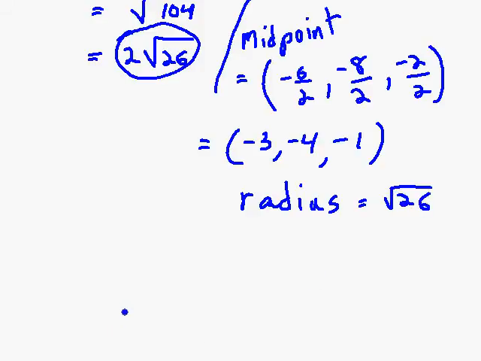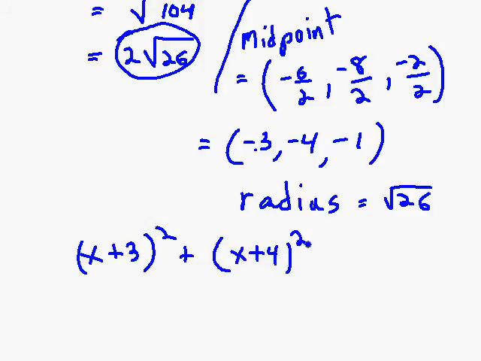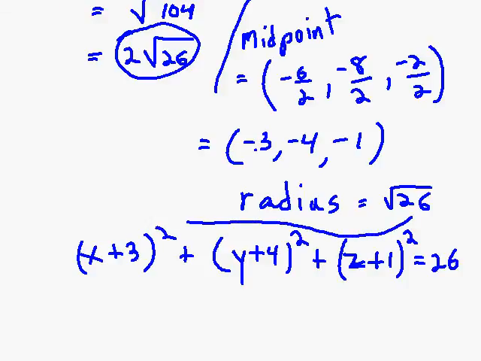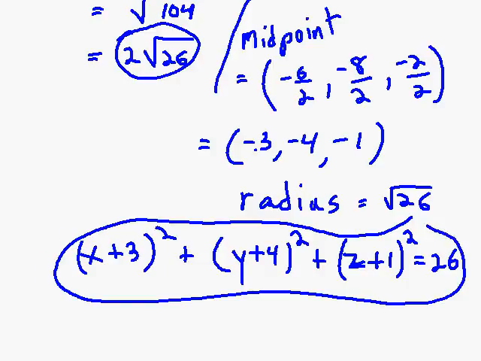So an equation of the sphere that contains the 2 given points would be x plus 3 quantity squared, that's x minus a -3, plus y plus 4 quantity squared, and then finally plus z plus 1 quantity squared equals root 26 squared, which is just 26. So there's an equation of the sphere that contains both of the given points.